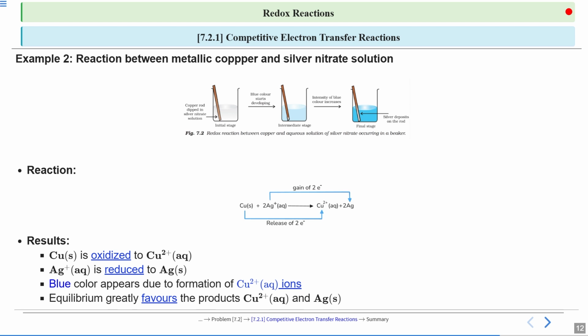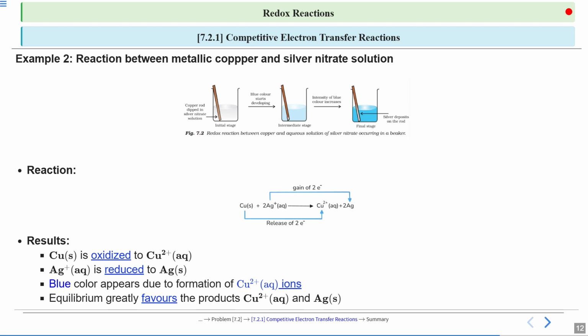So from examples 1 and 2, we have concluded that there are some elements which get oxidized or reduced with respect to another element present with them.